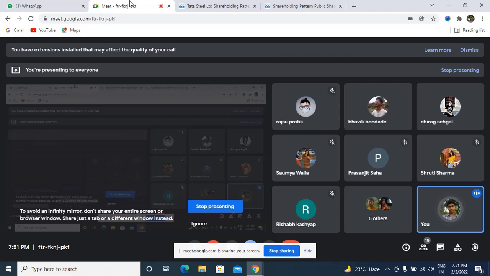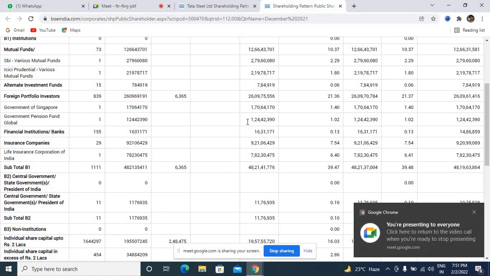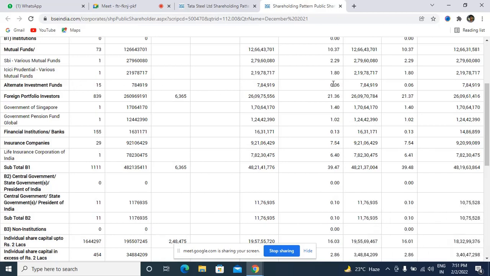So they can invest wherever they want. Okay, alternate investment funds hold only 0.06%. Foreign portfolio investor that we were talking about.